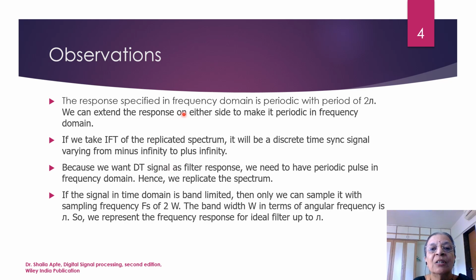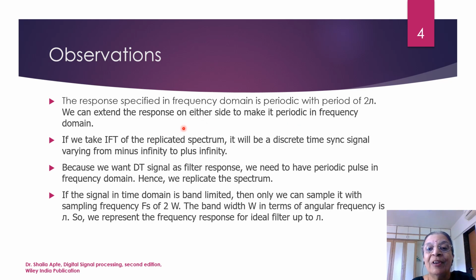So the frequency response that is specified in the frequency domain, we say that it is periodic with period equal to 2 pi. That means it is existing between minus pi to plus pi, and it is periodic with a period of 2 pi. So we can easily extend it on either side to make it periodic in the frequency domain.